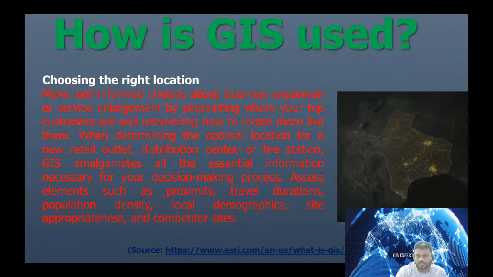Anyway, it is not working, so I just want to show you choosing the right location. If this animation functions in a proper way, then you can easily understand how GIS locates the right location. But anyway, we'll wait a few seconds, then we'll move on.